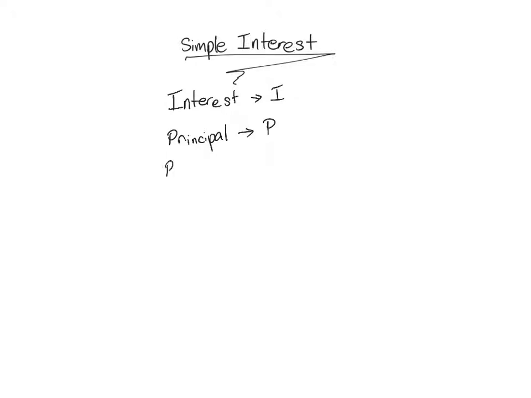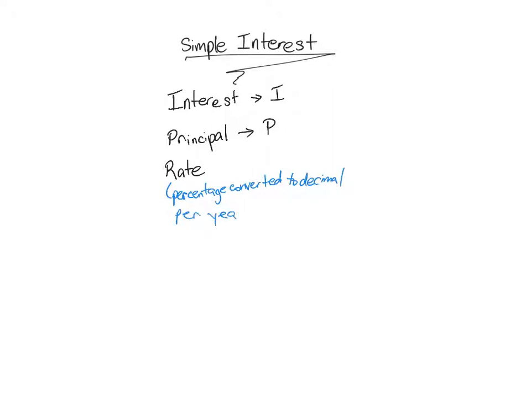Now the interest rate, we'll talk about that for a second. The interest rate is the percentage, I'll write that down below so we remember what that is. It's the percentage, but converted to a decimal, per year.